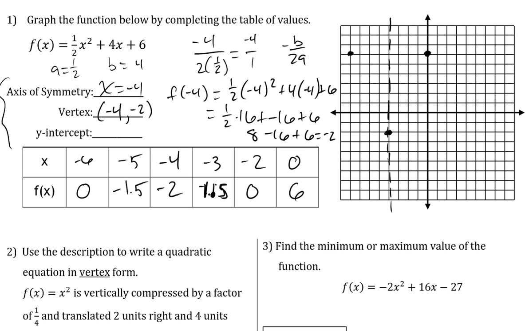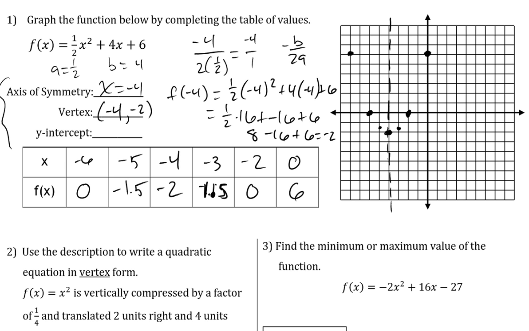So if I plot those points, clearly I see my roots. I've got roots occurring at -2 right here, and another root occurring at -6. You can see it's symmetrical there. Also at -3, I'm at -1.5 here, and at -5, I'm at -1.5.